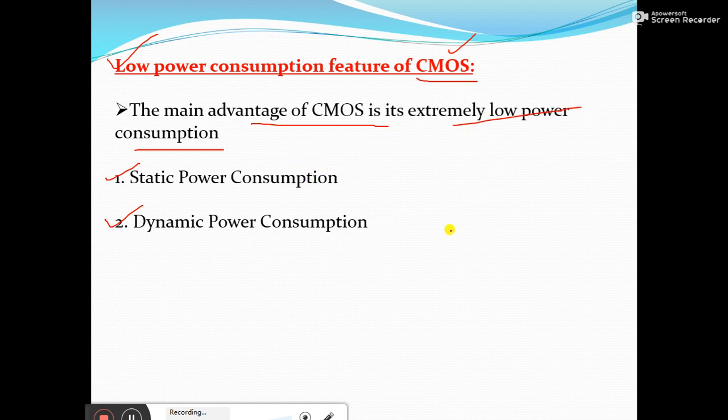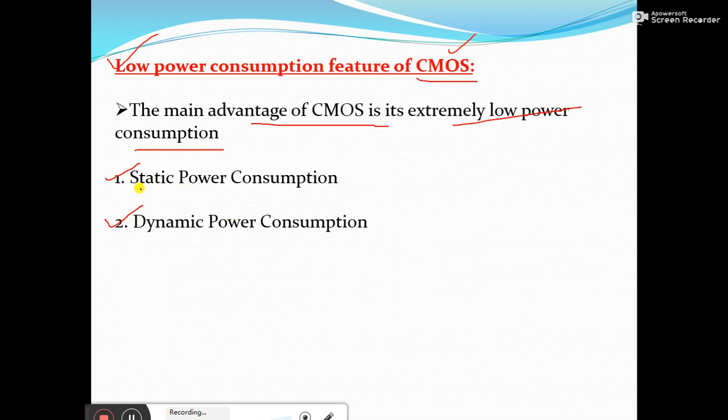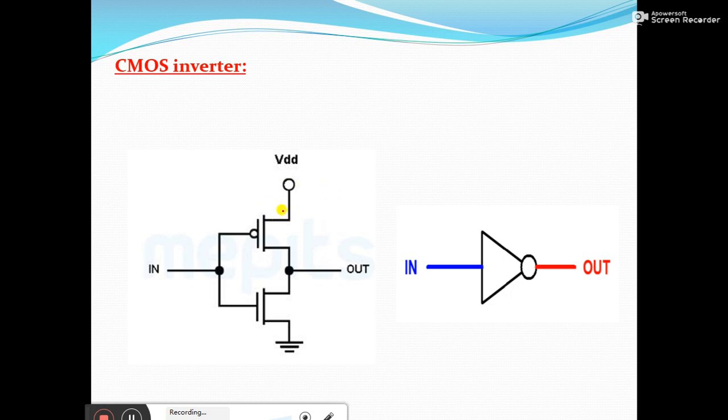First, the case of static power consumption. Static means constant. Remember, these two switches are assumed to be connected in series. Let's say this is one switch, this is another switch.